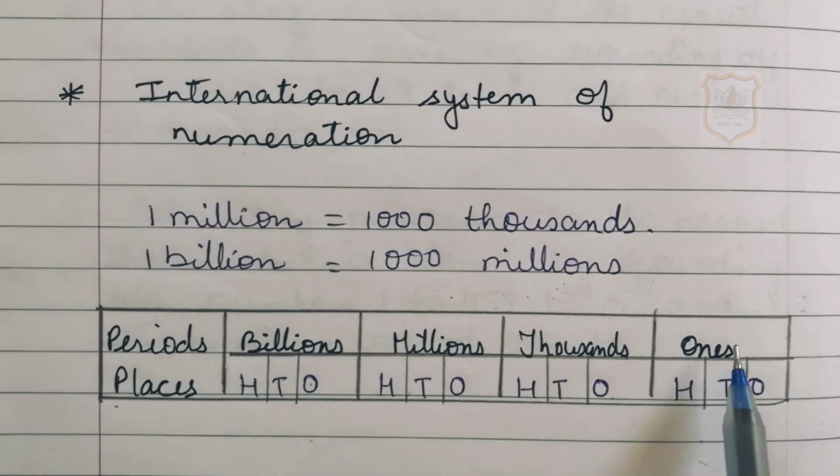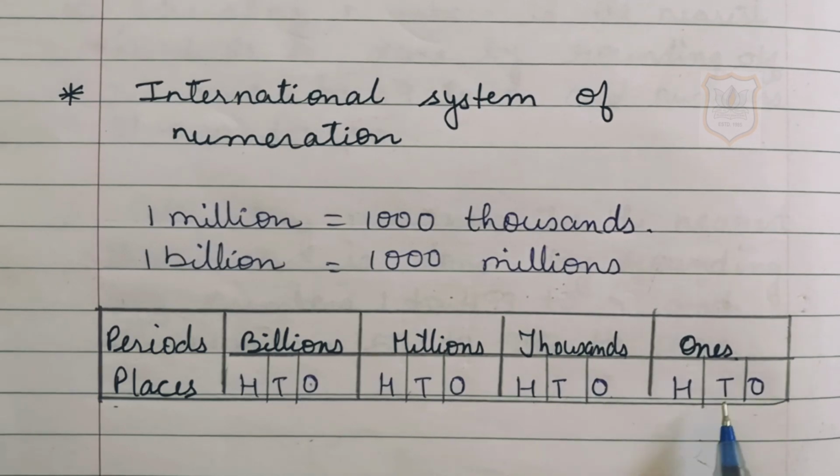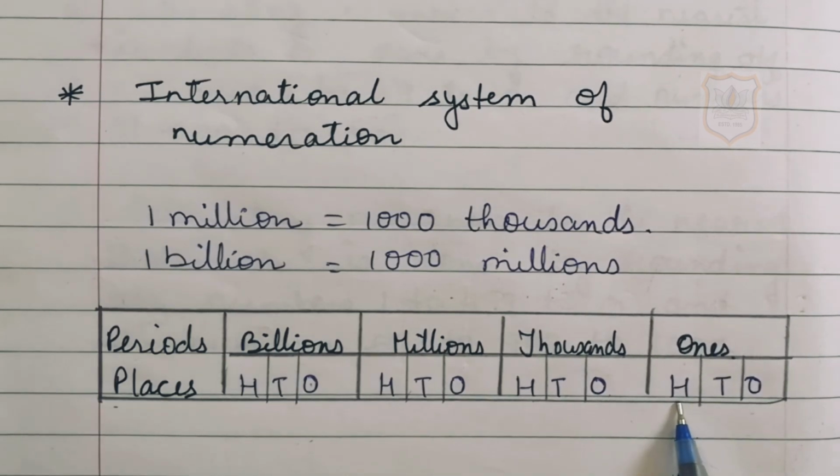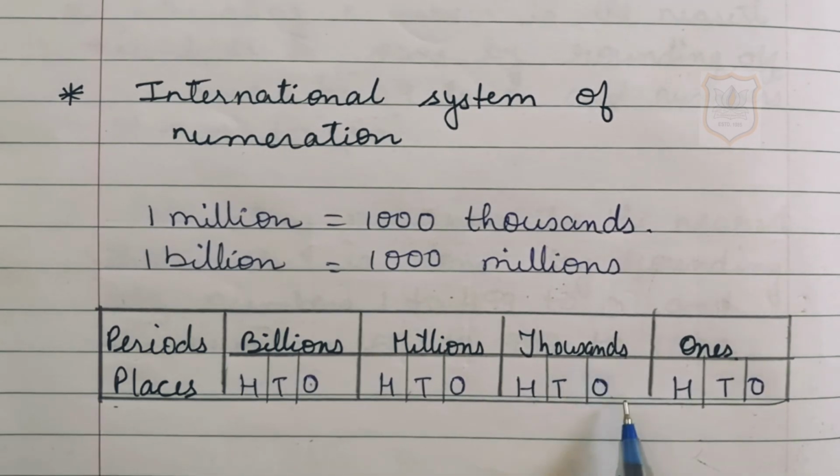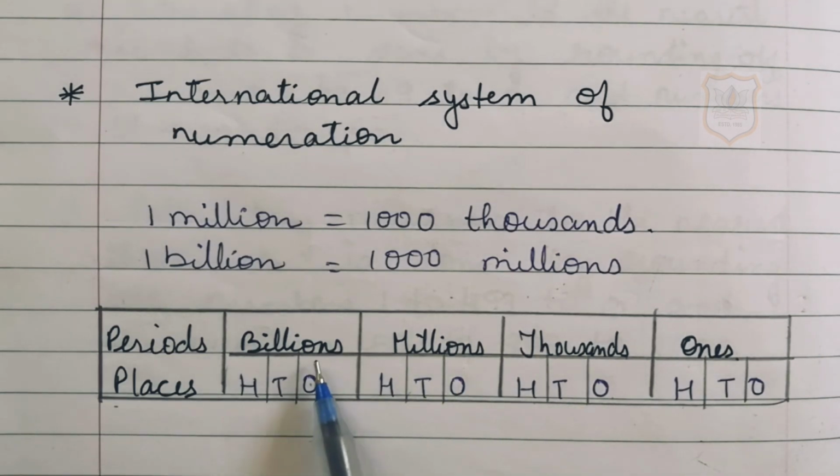So in the ones column, ones, tens and hundreds are given, and in the thousands column again ones, tens and hundreds are given, and in the millions column ones, tens and hundreds are mentioned, and in the billions column also ones, tens and hundreds are mentioned. I will explain this with the help of an example.